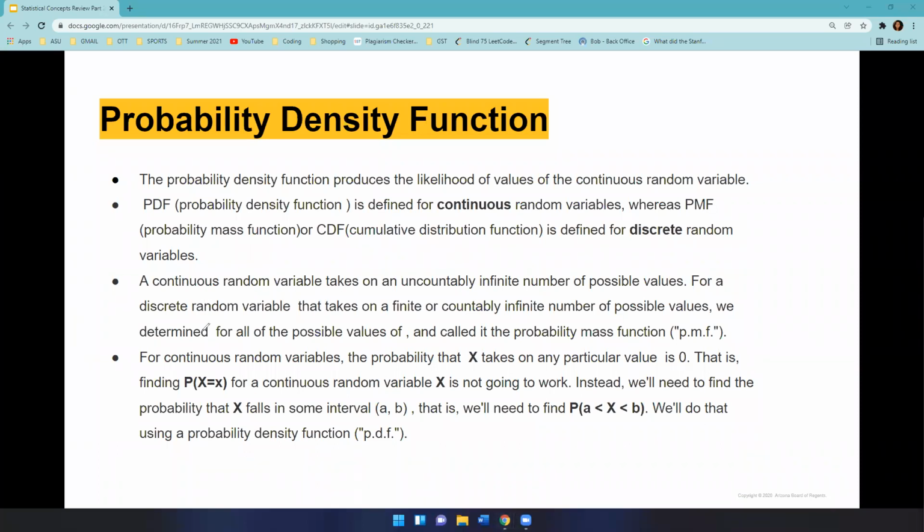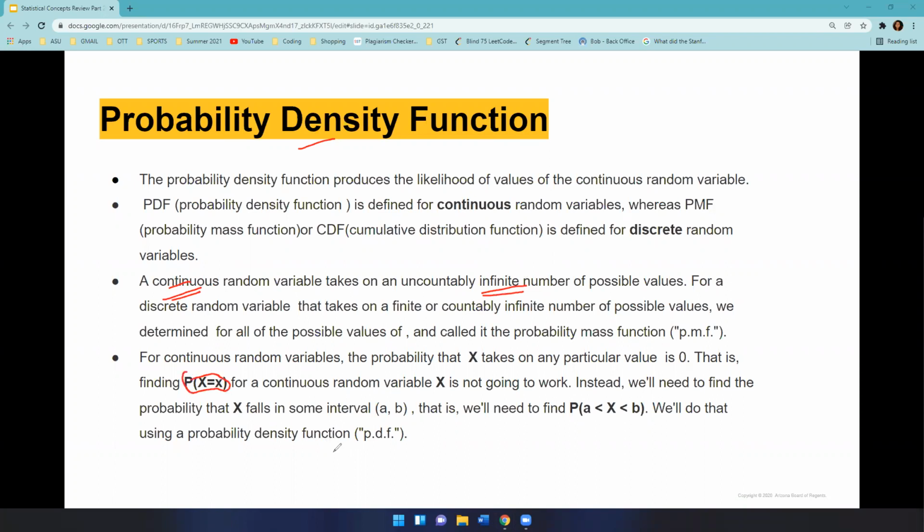Now we are discussing probability density functions, so we'll be talking about continuous variables. As we just studied, continuous random variables can take infinite number of values. So there is no sense calculating the probability for a particular value.